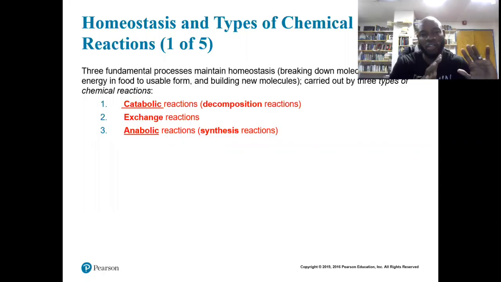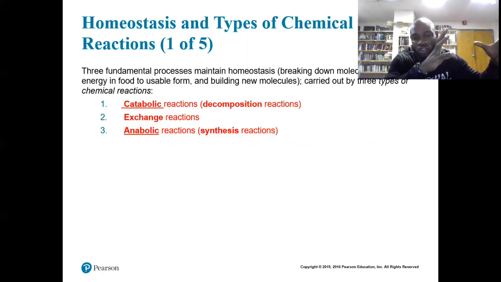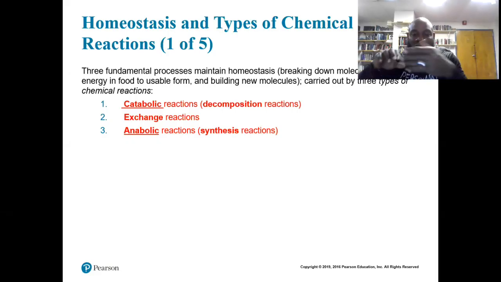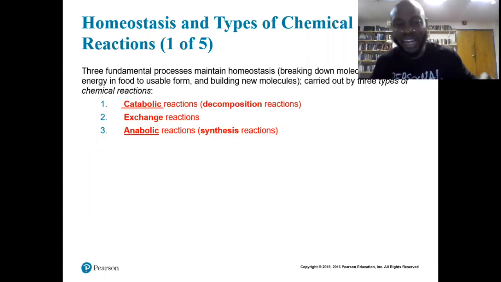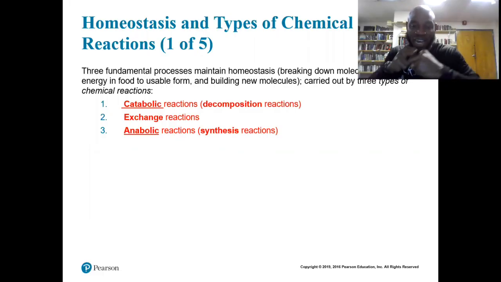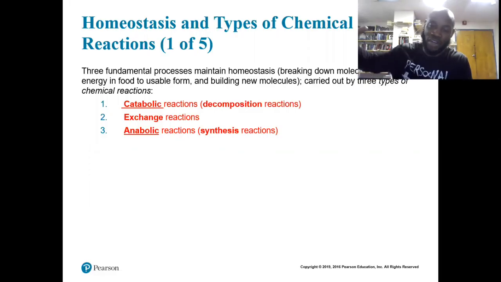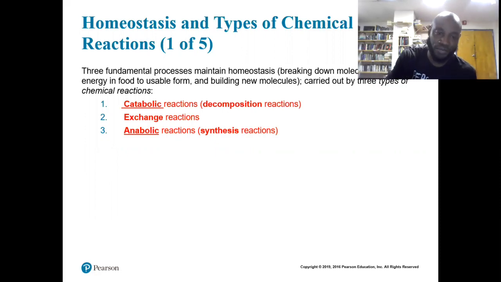So usually in catabolic reactions, we see the reactant is like a bigger molecule, and it gets broken down into two molecules, two different things. In anabolic reactions, we usually see two reactants that get combined to make up a single product. Anabolic tends to be endergonic, catabolic tends to be exergonic.